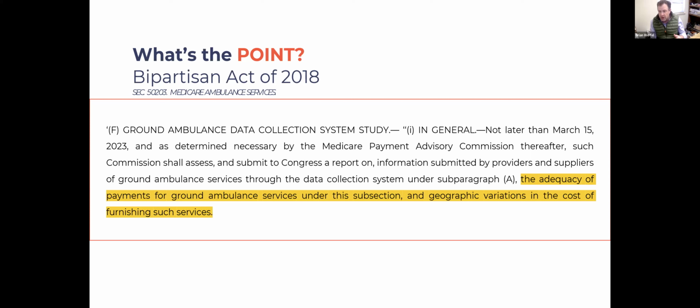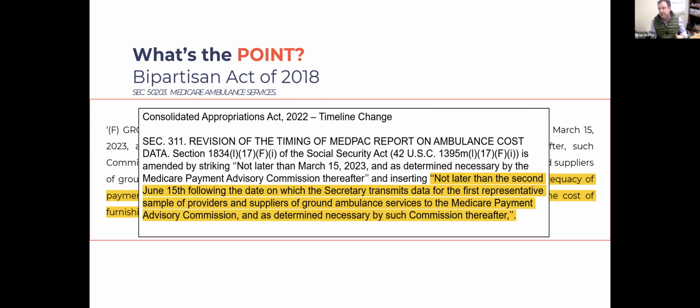It was required to submit a report by March of 2023, but of course, COVID intervened, and as a result, subsequent legislation put that deadline back to, and it's a little bit complicated, but the new deadline for the submission of the MedPAC report is no later than the second June 15th, which follows the date on which HHS or CMS first gets its data, meaning the data that was submitted as part of the cost reports, over to MedPAC.